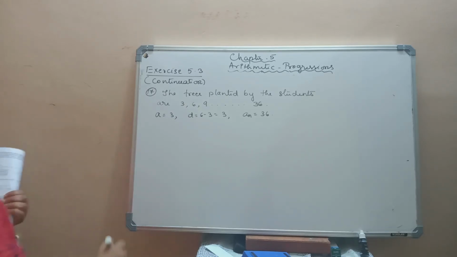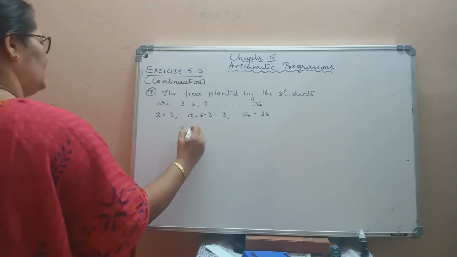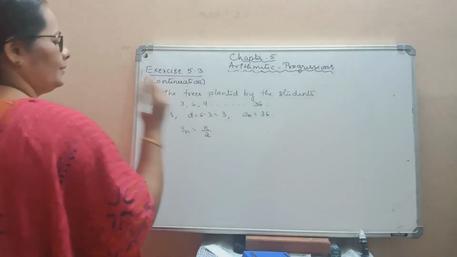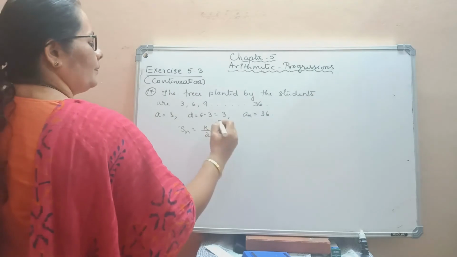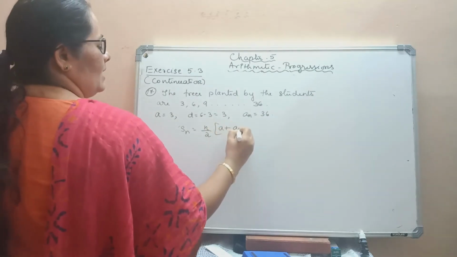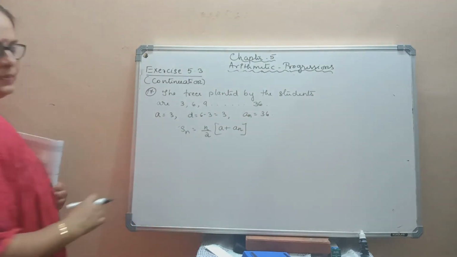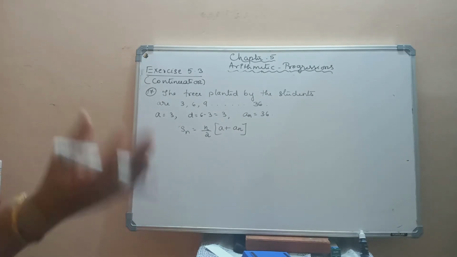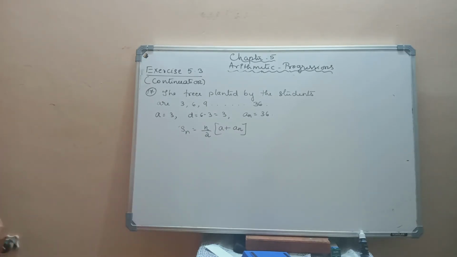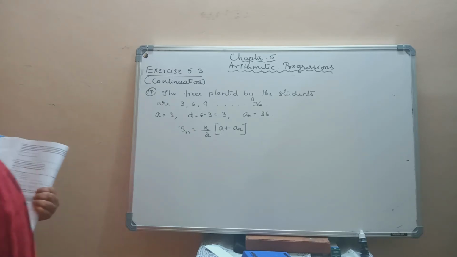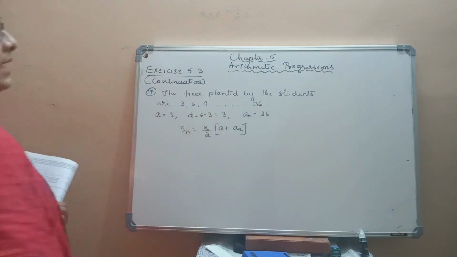Yes. So using the formula Sn equals n by 2 into a plus an, you can use this formula, or the other formula n by 2 into 2a plus n minus 1 into d also you can use. But before that you need to find n.